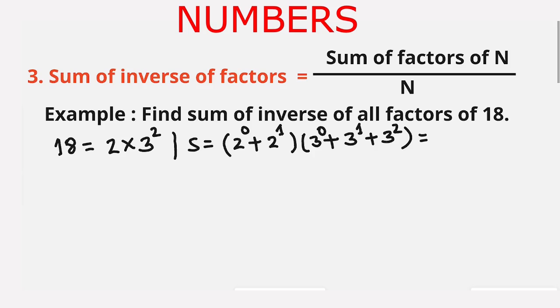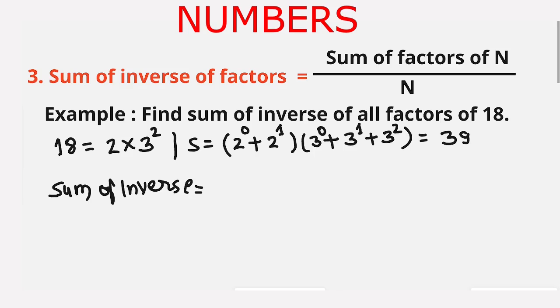So 1 plus 2 is 3, and 3 to the power 0 is 1 plus 3 to the power 1 is 3 plus 3 to the power 2 is 9. So it is 1 plus 3 is 4, plus 9 is 13, and 13 times 3 is 39.